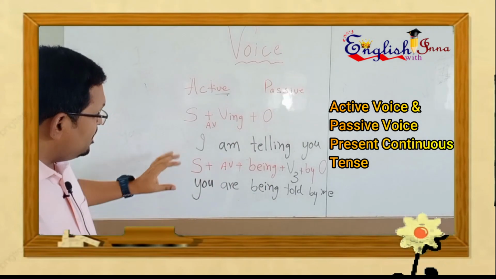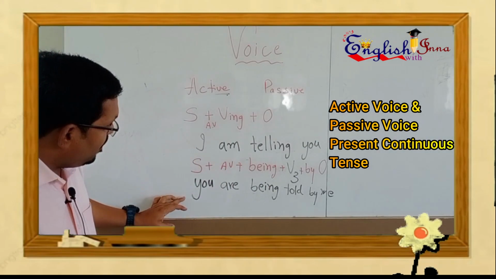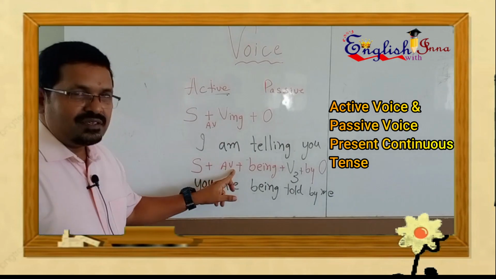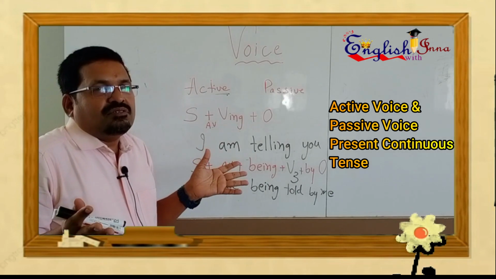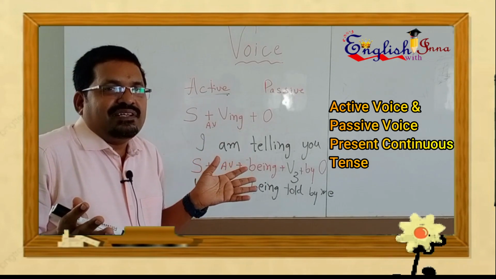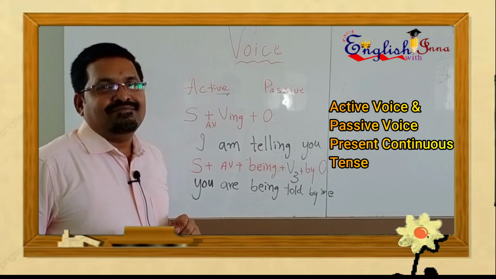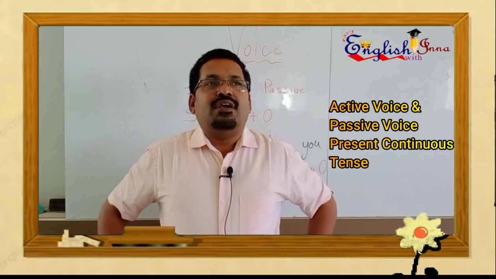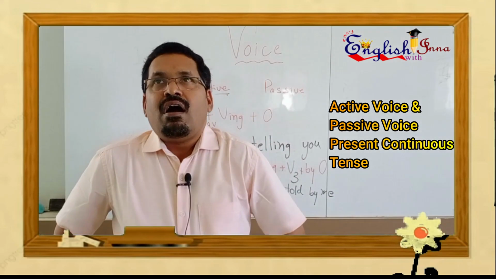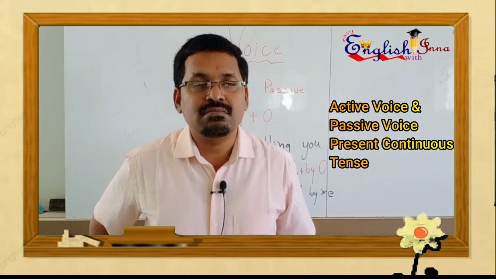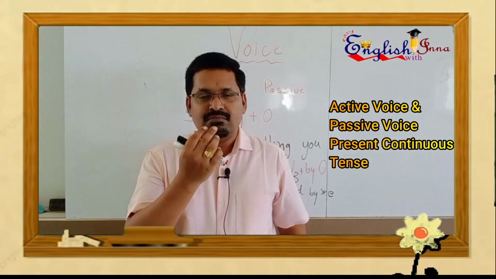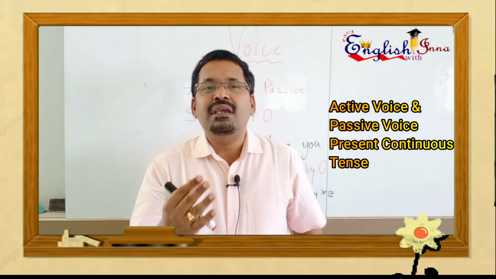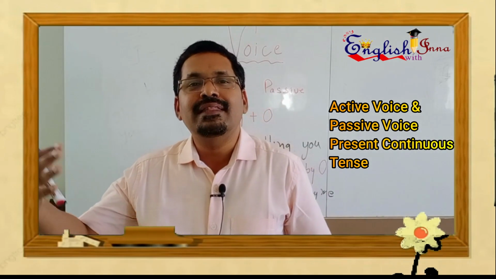So here the subject should correspond with the auxiliary verb. If I comes as a subject, immediately in the present tense you should use am. You comes with are, they with are. Suppose they are telling us. We are being told by them.